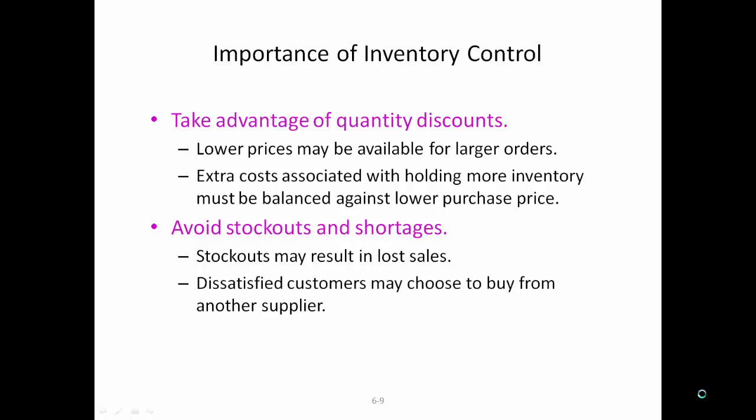But then you have to remember, on the other hand, if I order in bulk quantities, I have to make sure I have all the proper storage facilities in place in order to manage that. And then the big overall picture we discussed: we want to avoid stockouts and shortages, because if we don't have a product or what we need in inventory, that's going to delay our processes.